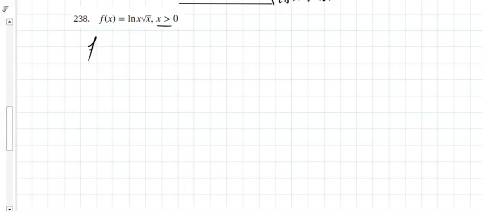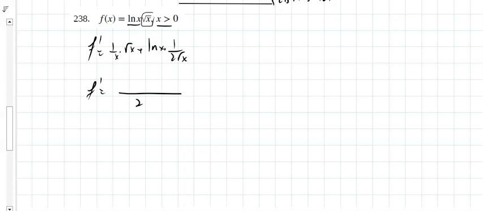Well, we take a derivative. Derivative of natural log of x is 1 over x times radical x plus natural log of x times derivative of square root of x is 1 over twice square root of x. So we could get a common denominator here, and that would be 2x. You multiply this by 2 top and bottom, and you multiply this by radical x top and bottom.